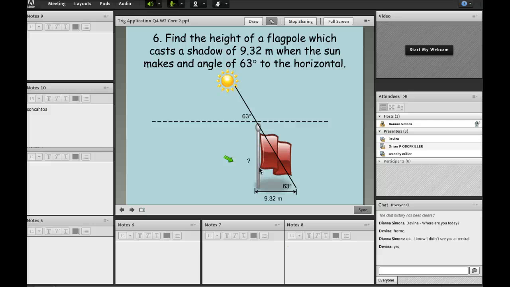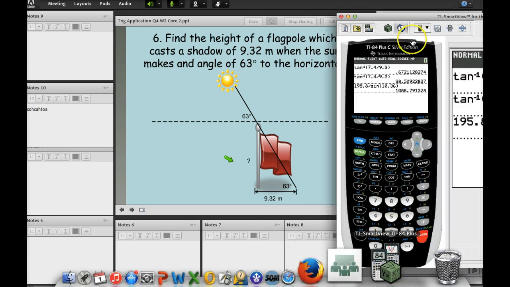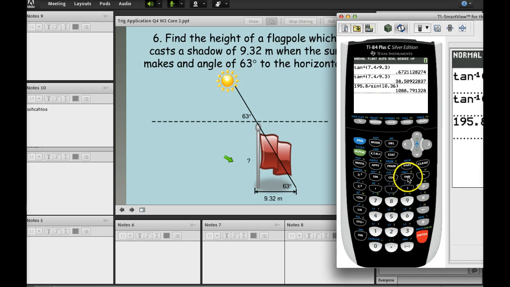It's tangent because that is opposite over adjacent, and what we want to know is that opposite, how tall that is. Okay, so let's get up our calculator again. So what we have is tangent, and since we know the angle, we're not going to use the inverse. The only time you use the inverse part of it is when you want to find the angle. Make sense? Yeah. Okay, thank you.